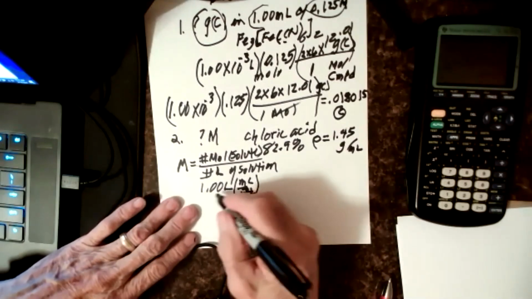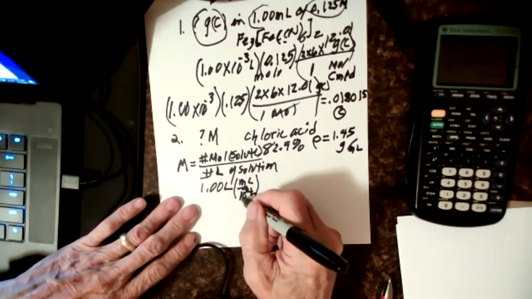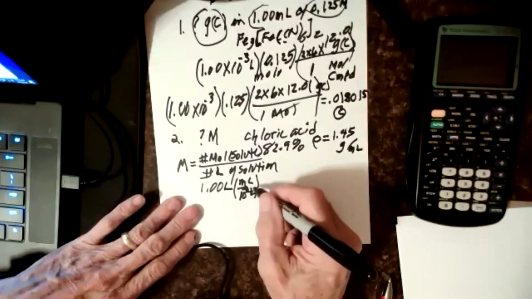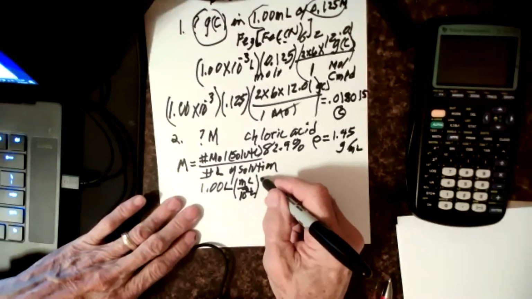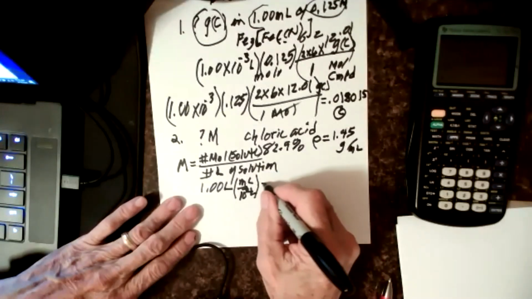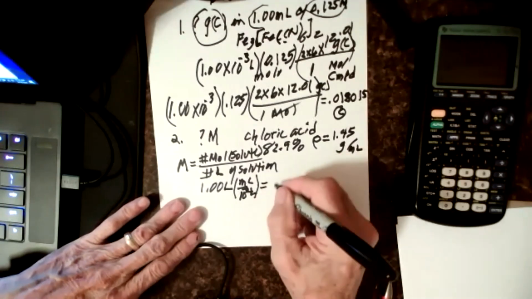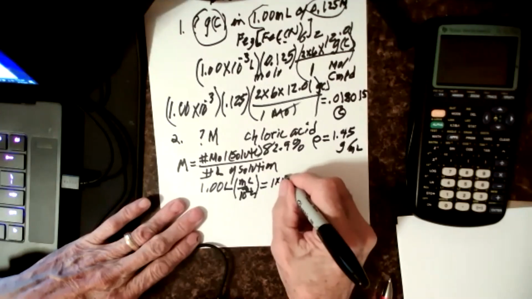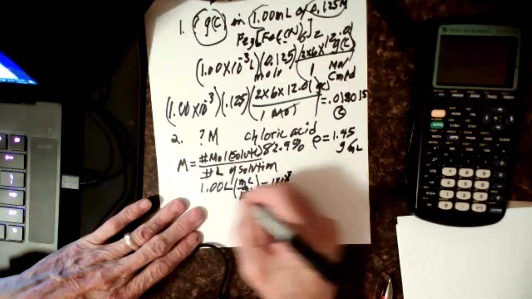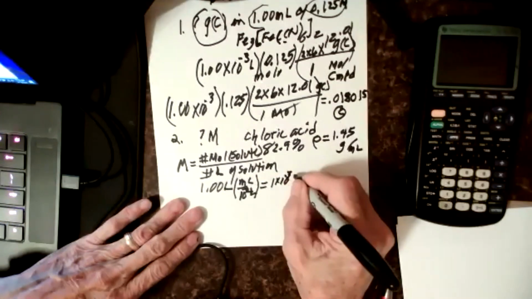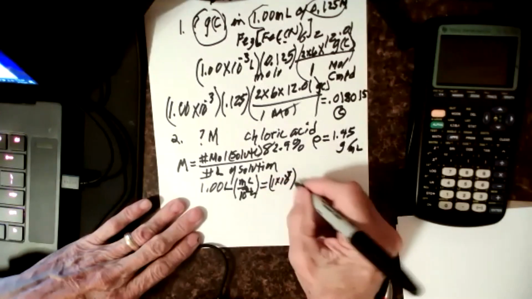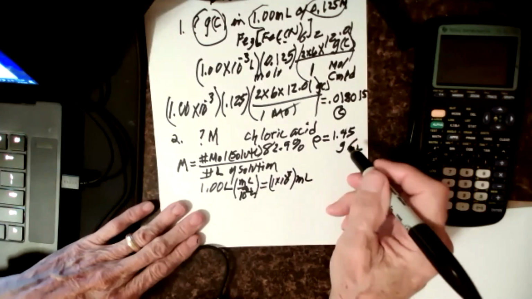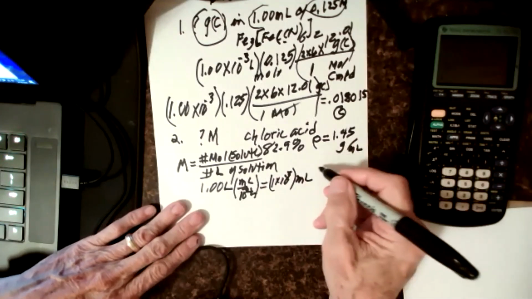I've got 1 divided by 10 to the minus third. Now, that is the liters of the solution that goes here. So a liter of the solution is 1 times 10 to the third. If I divide by minus 3, I get to the plus 3 milliliters.